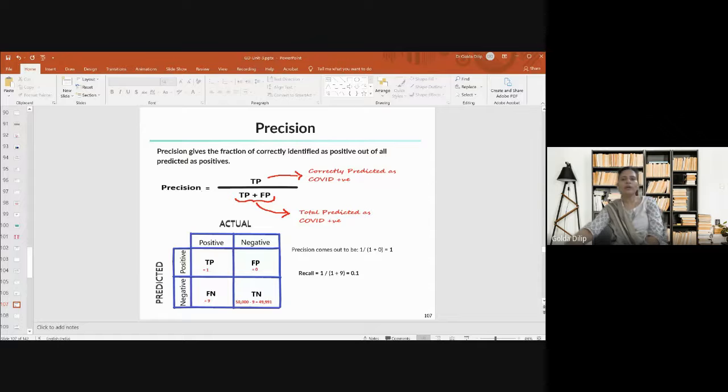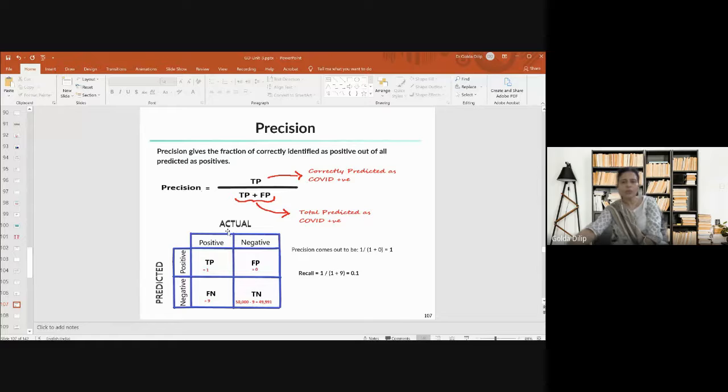Now, in the slide I've shown you another case, where you label the top passengers as COVID positive, that is, the passengers with the highest probability of having COVID. Let's say we have only one such top priority passenger. The confusion matrix for that is shown here.